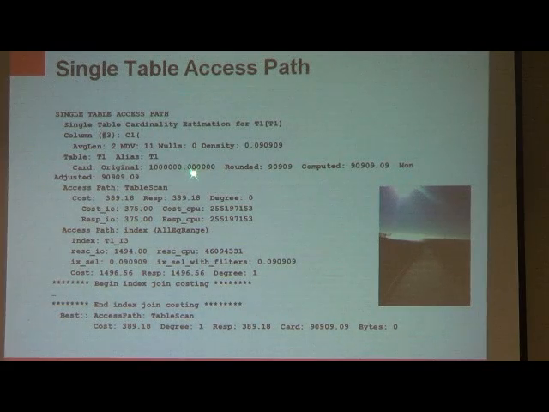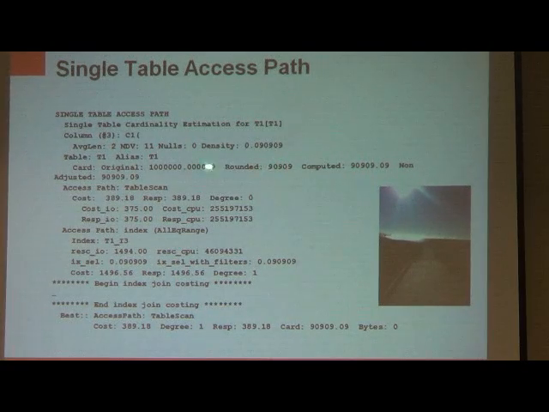Then it says, if I apply whatever filter predicates I have, remember filter predicate is the one that says column equals value on your where clause. If I apply those filter predicates, my computed cardinality would be this number. Computed cardinality basically means how many rows I'm expecting to return from this SQL once I apply the filter predicates. That will be the value that you see here. And this one rounded is here.